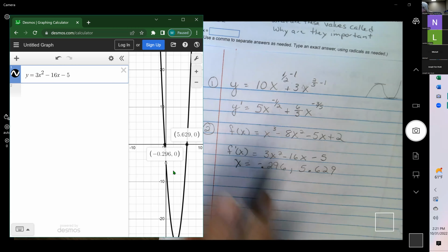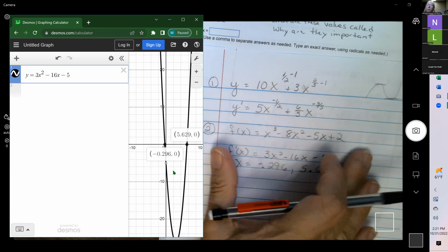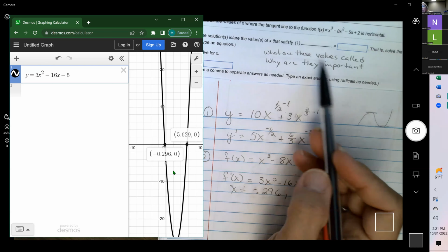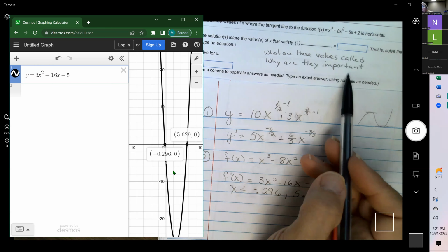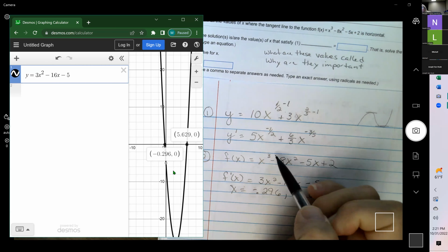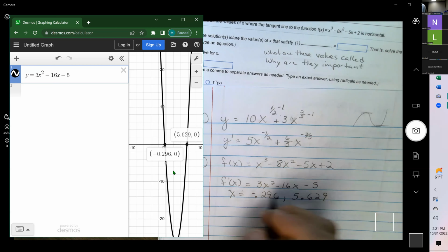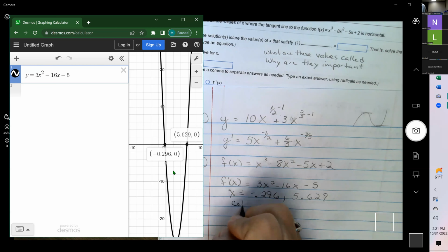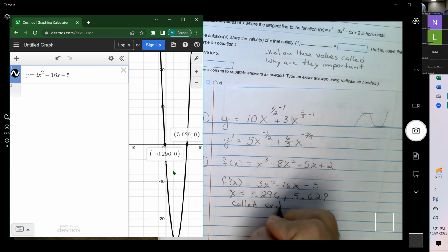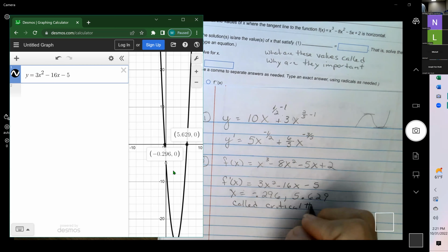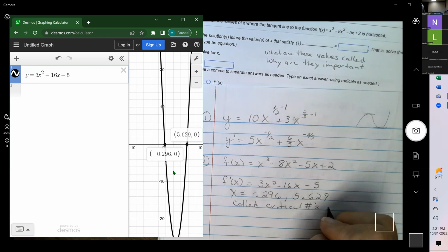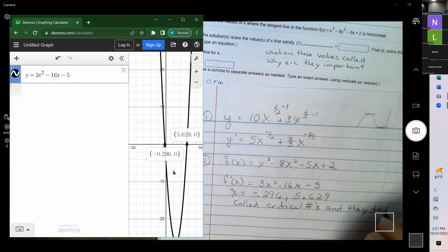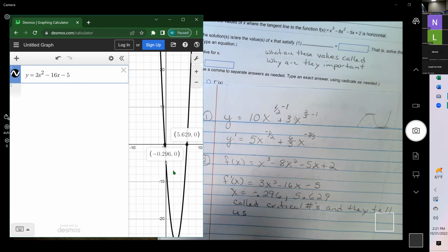Now it's also going to ask, what are these values called and why are they important? Well, when you take the derivative and set it equal to 0, those are called your critical numbers. And they tell us where there's a high or a low or a max or min.